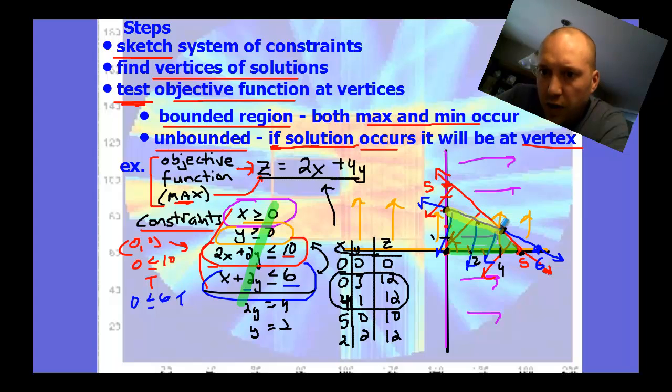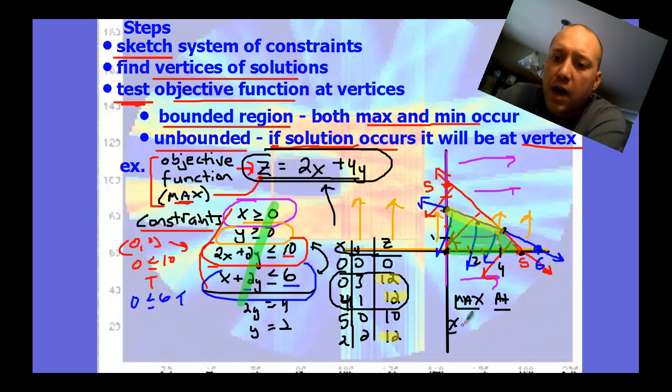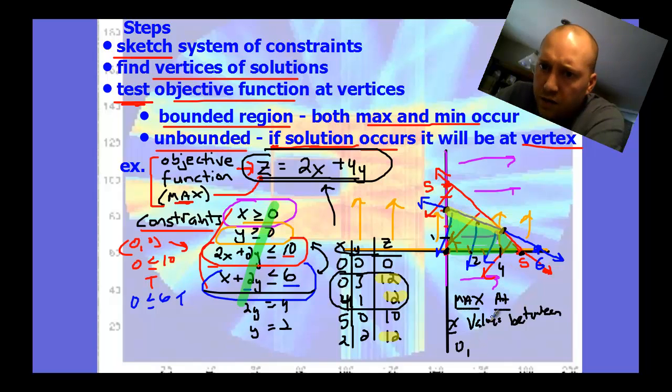Between these two vertices right here, both vertices have the same value. Whenever that occurs, all the points between those two vertices would also have the same maximum value. And so the solution that would maximize this function, we could say the maxima are at the x values between 0 and 4.